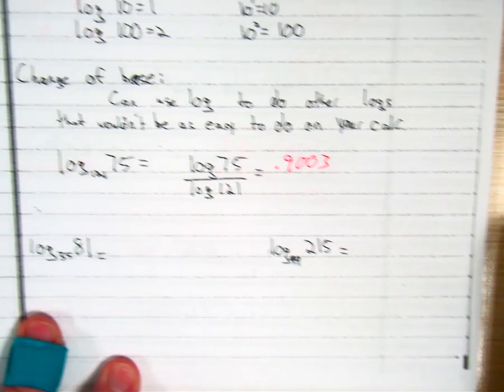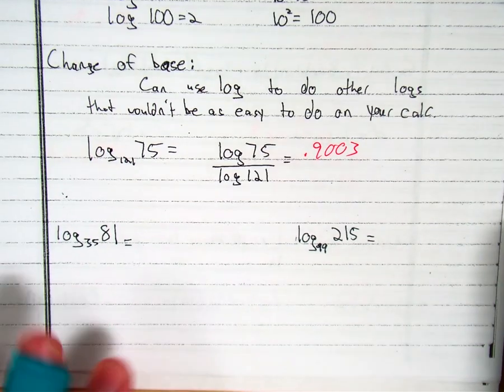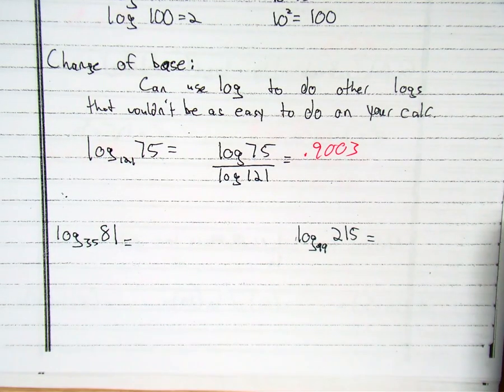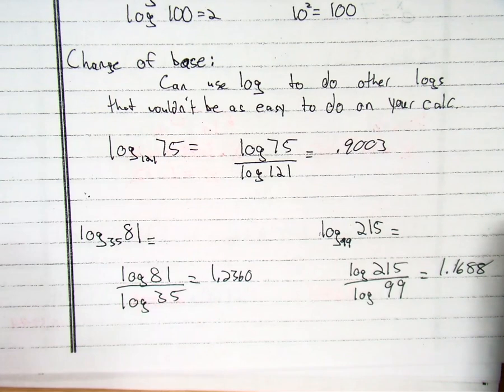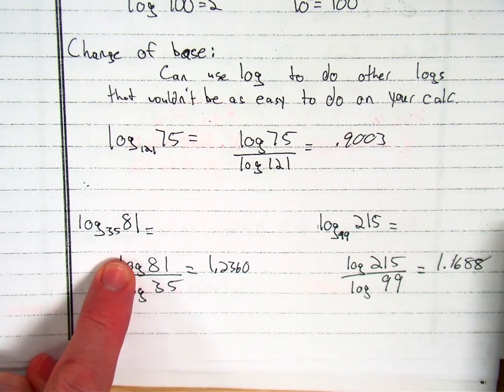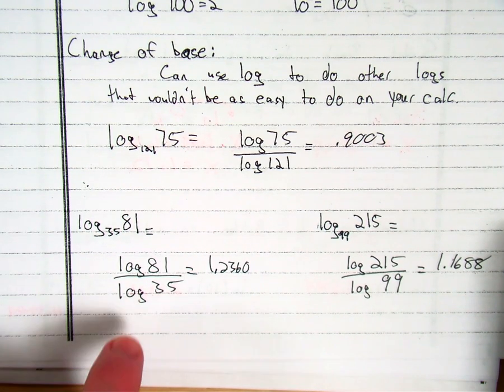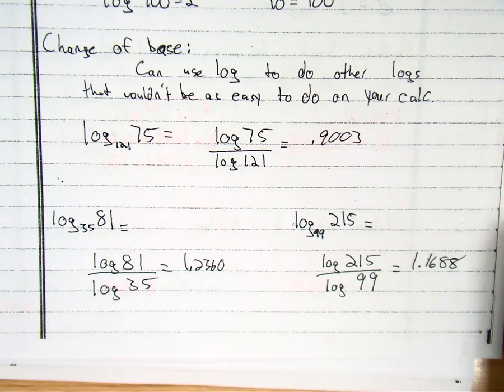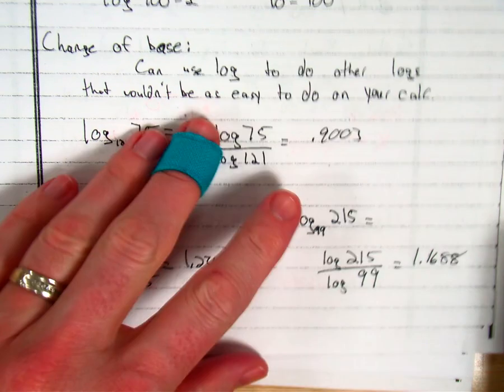I'm going to ask you to push pause and split those up and try these on your own. Alright, welcome back. We're going to split those up into log of 81 over log of 35, and we should have 1.2360. And we'll split this one up into log of 215 over log of 99, and we'll have 1.1688.